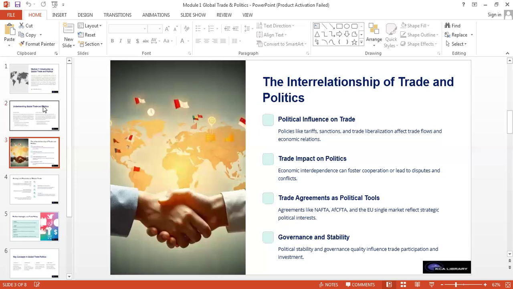What actually is the relationship? What is the interrelationship of trade and politics? Are these actually related? That is why we need to check this together.